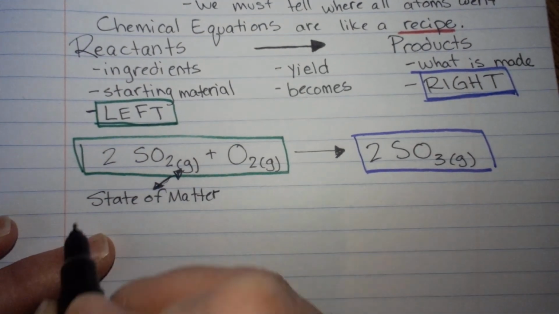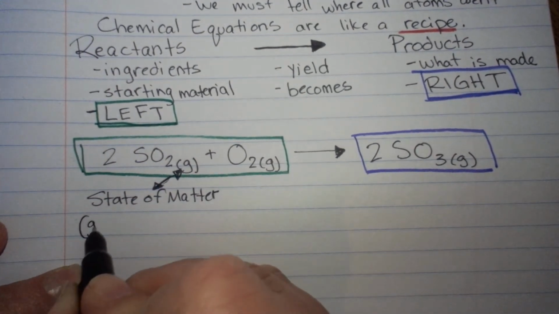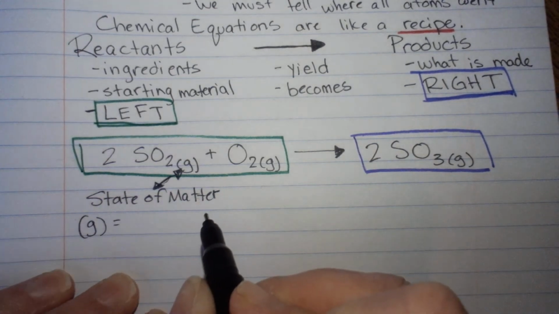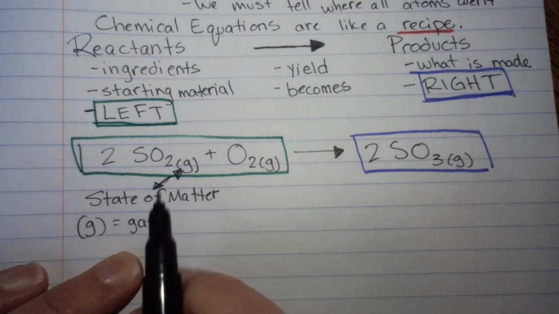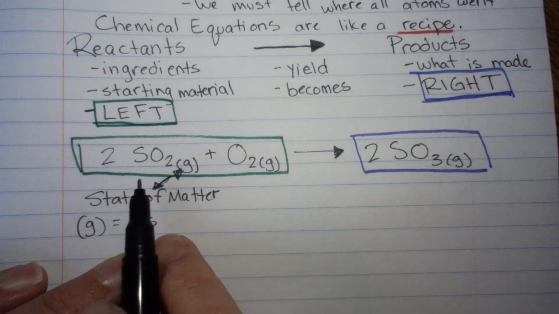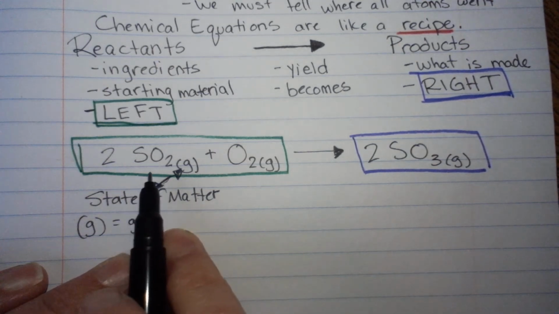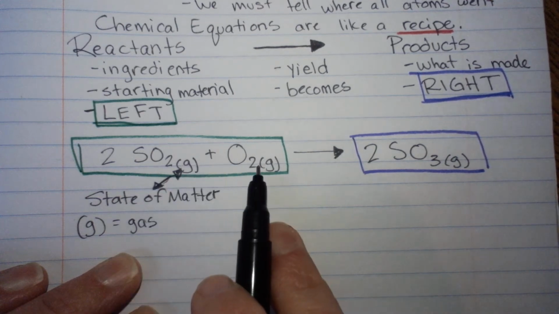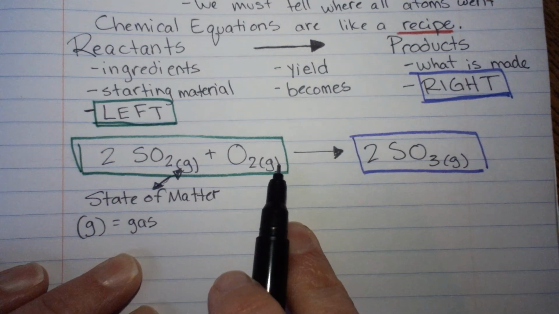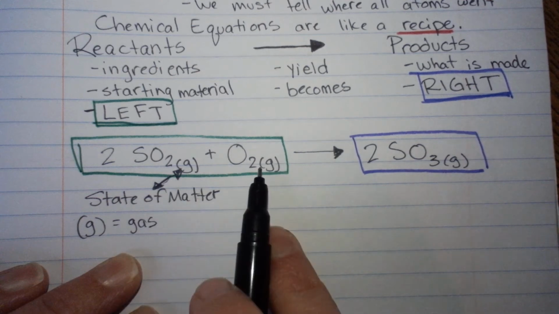Okay, so what state of matter starts with a G? Gas. Okay, so that means that this sulfur dioxide here is in a gaseous state. And then the oxygen is in a gaseous state. So we're putting 2 gases together. Alright?